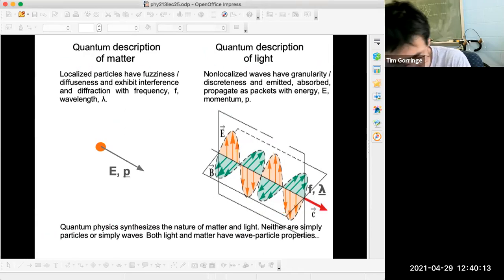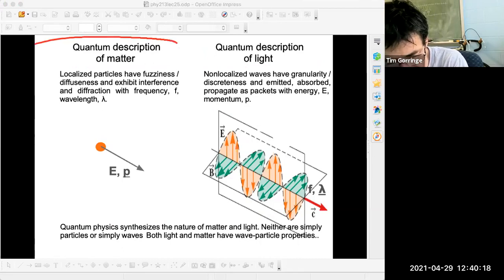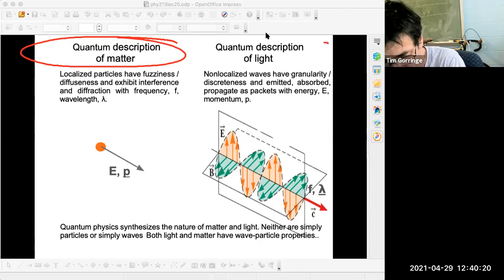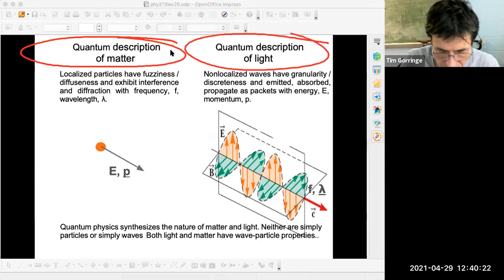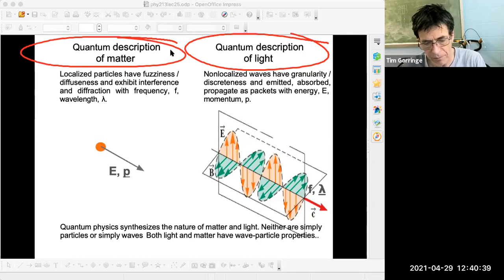What about modern physics, quantum physics? What's our quantum picture of matter? That's over here on the left. And a quantum picture of light. Well, in the quantum picture of matter, those localized, discrete particles of matter actually have a fuzziness to them, a diffuseness to them, and they show wave-like properties.